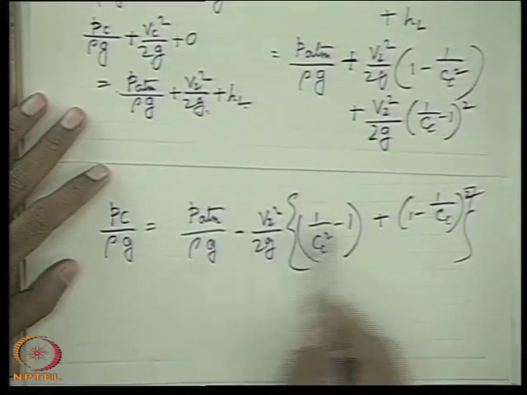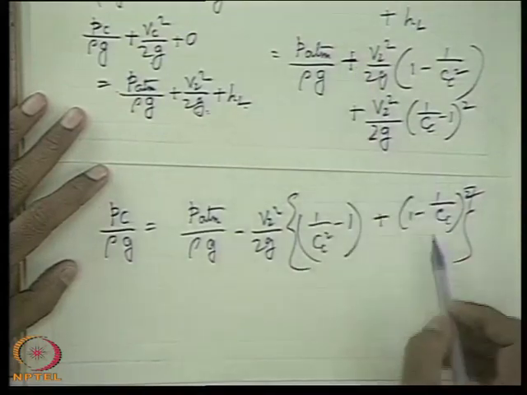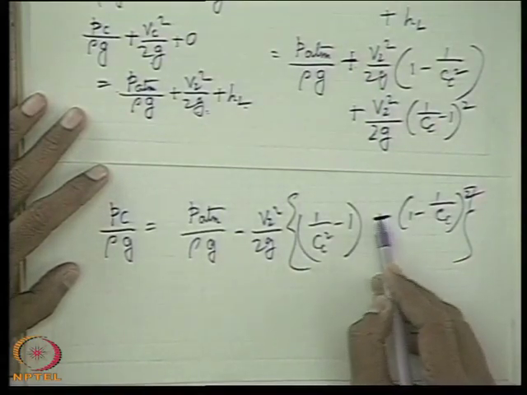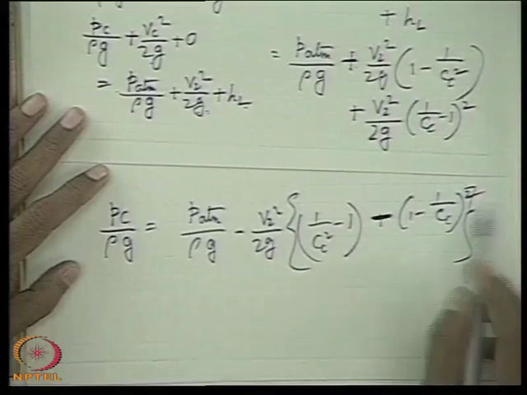This is V2 square by 2g minus, so I have taken the minus, so it will be minus. I am sorry, minus 1 by Cc whole square.